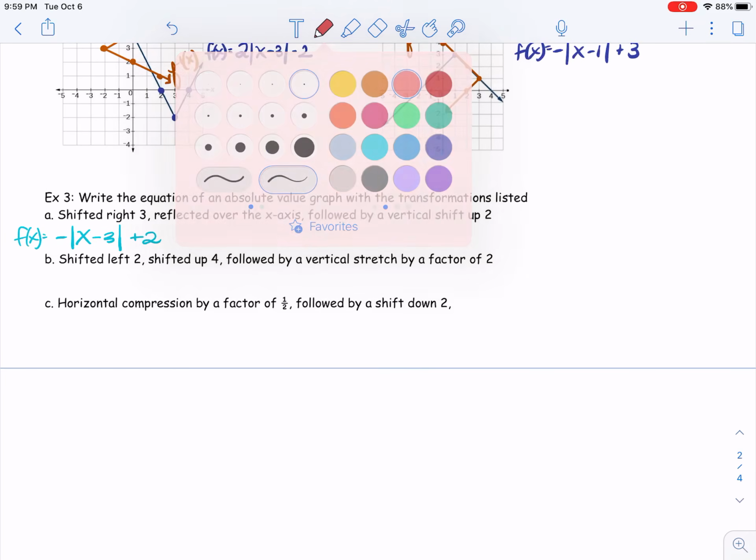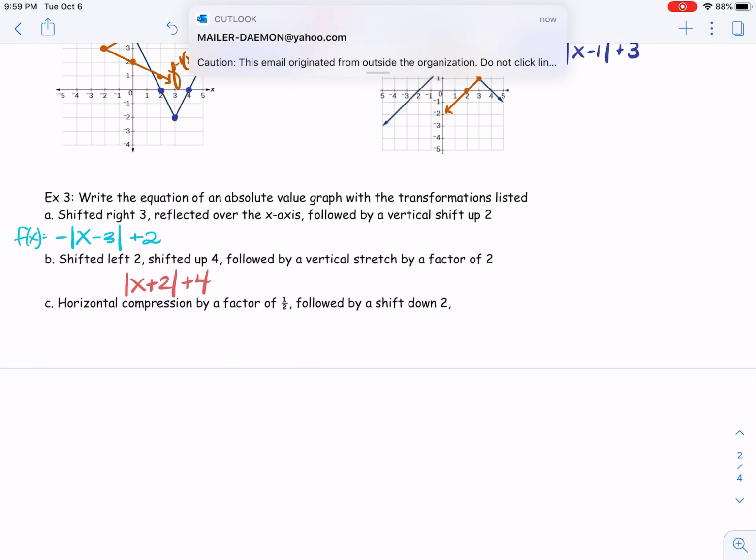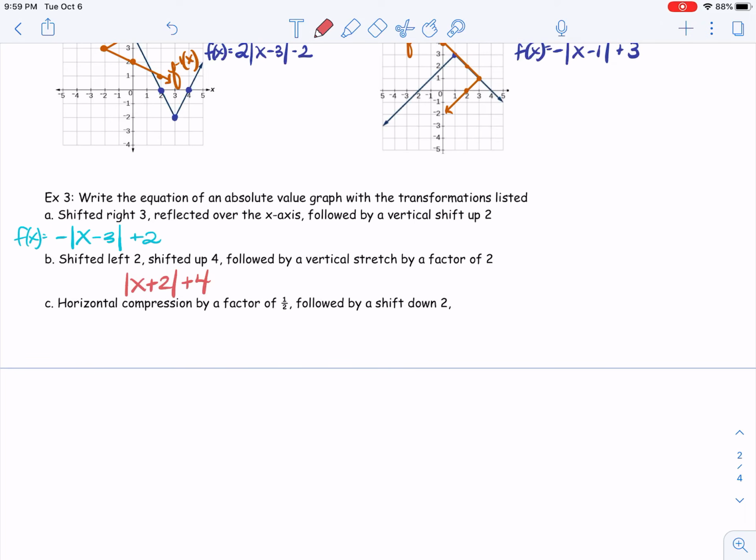Okay. Then it says I shift left 2, shift up 4, followed by a vertical stretch by a factor of 2. Well, if I shift left 2, that's going to be x plus 2. If I shift up 4, that's going to be a plus 4. If all of this is followed by a vertical stretch by a factor of 2, then that means all of this gets multiplied by 2, which then translates to 2 times absolute value of x plus 2, plus 8.